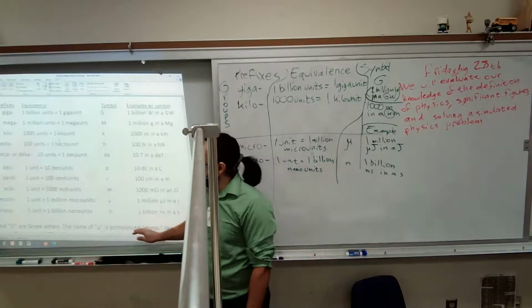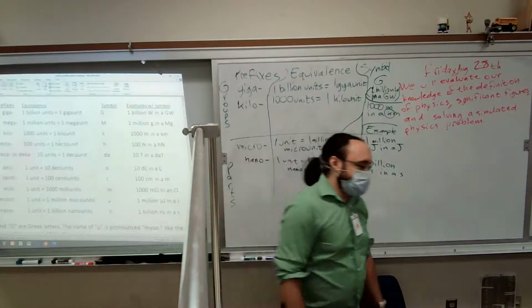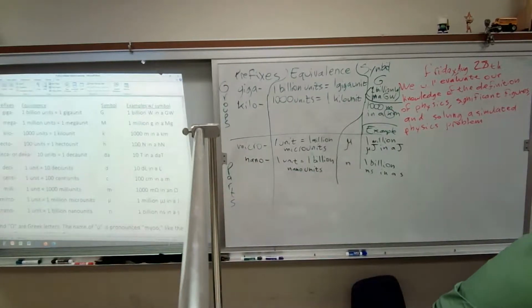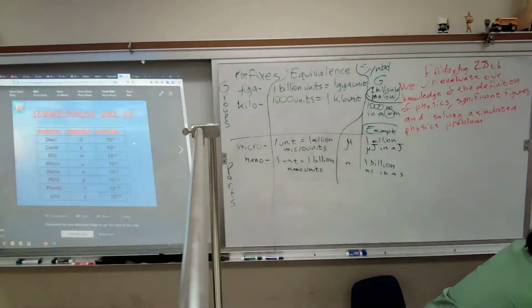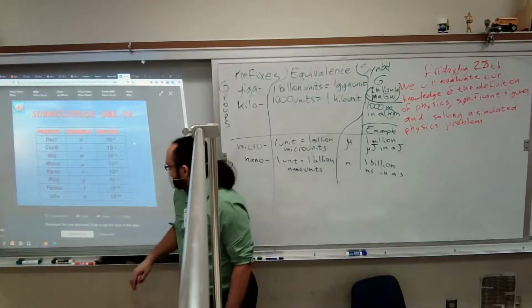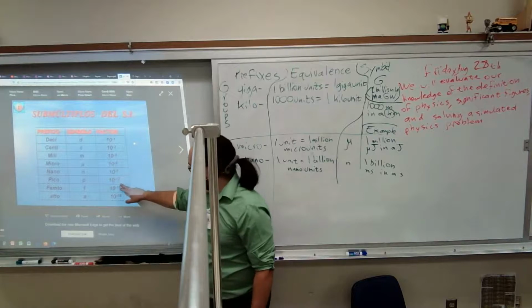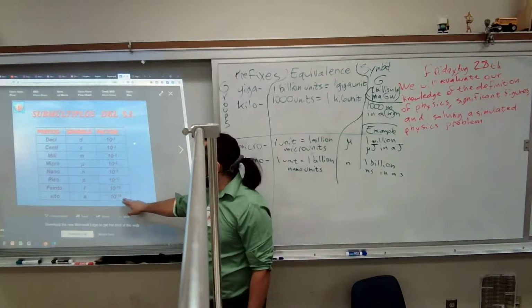10 to the negative 15th would be femto. Let's make sure I'm getting this right, and I'll show you. I don't think this website that I found has the symbols on it. There, and you get to learn some Spanish too, if you don't know. So pico is 10 to the negative 12th, femto is 10 to the negative 15th, and atto is 10 to the negative 18th.